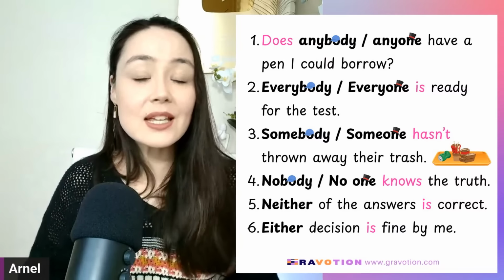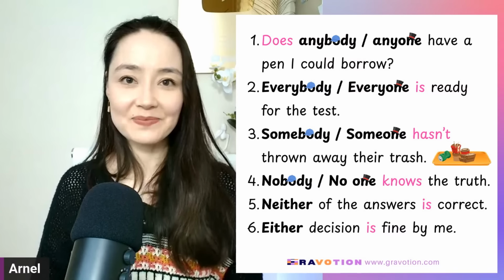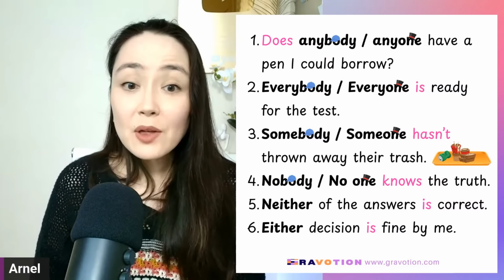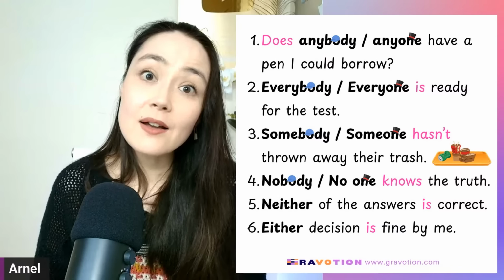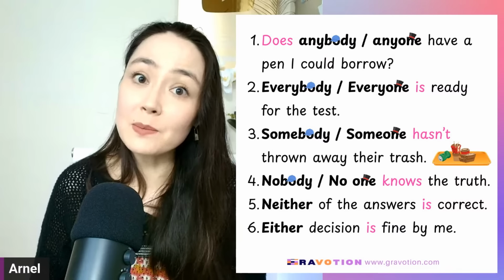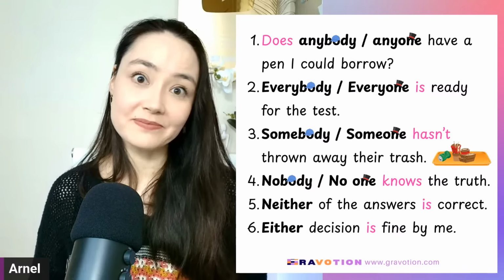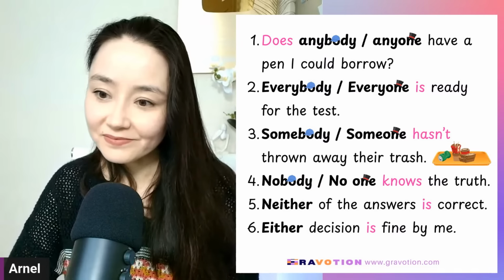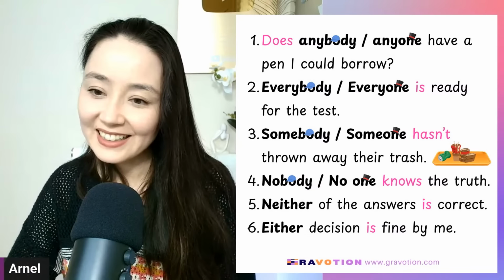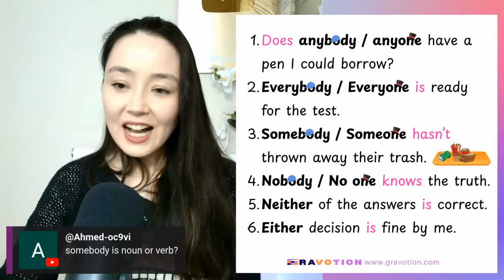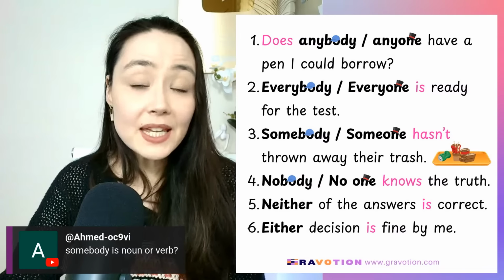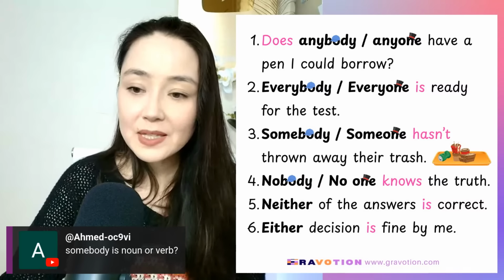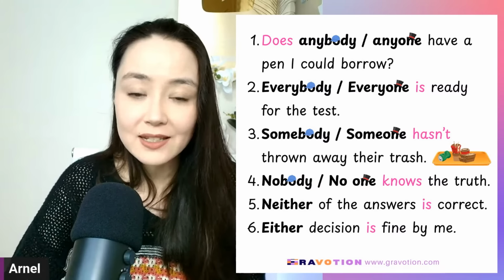Either decision is fine by me. So when you use these words, use a singular verb. Think about that subject-verb agreement. Quick question from Ahmed. Is somebody a noun or verb? Somebody is a noun. It can be your subject.